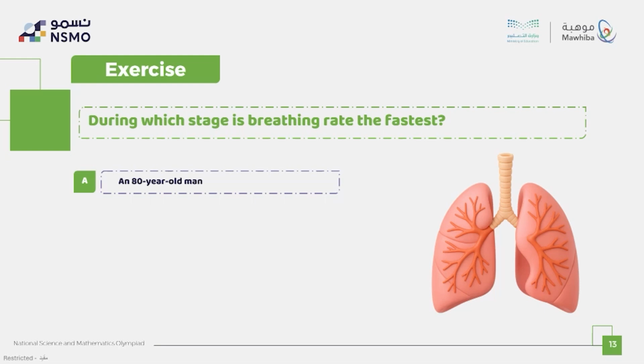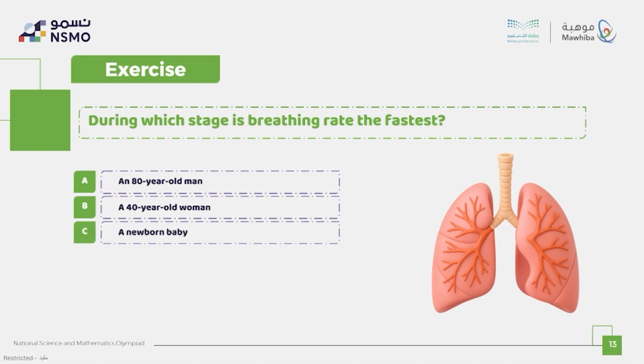Is it an 8-year-old boy, a 40-year-old woman, a newborn baby, or an 18-year-old young man? To answer, consider which age group needs more oxygen because the body is growing rapidly and using more energy. So this is the key to the answer of this question.